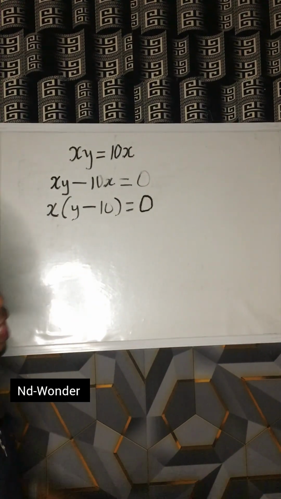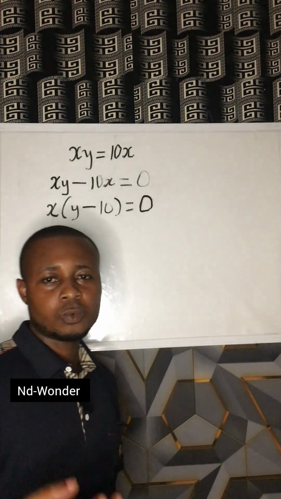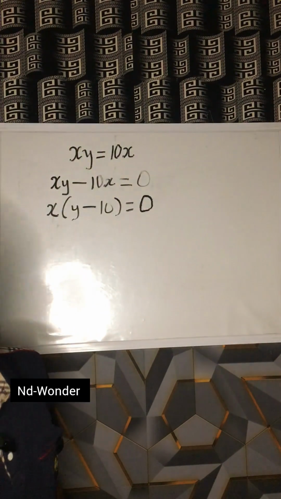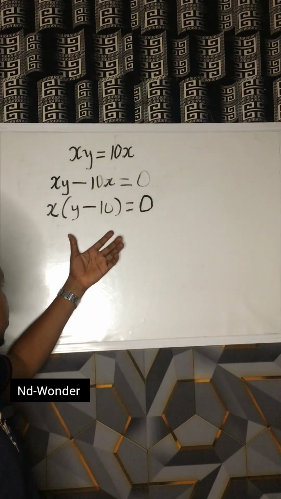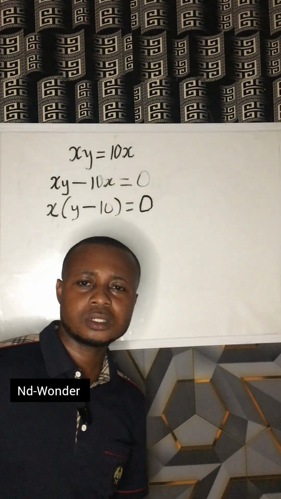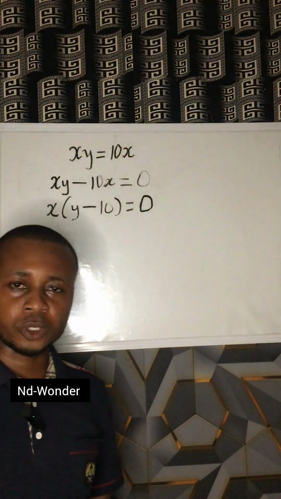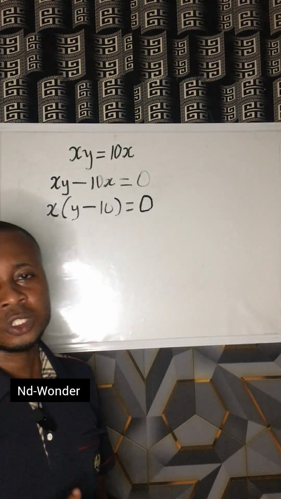Looking at this, I will need to recall one important property in any equation like this, and that is called the zero product property. What is the zero product property?